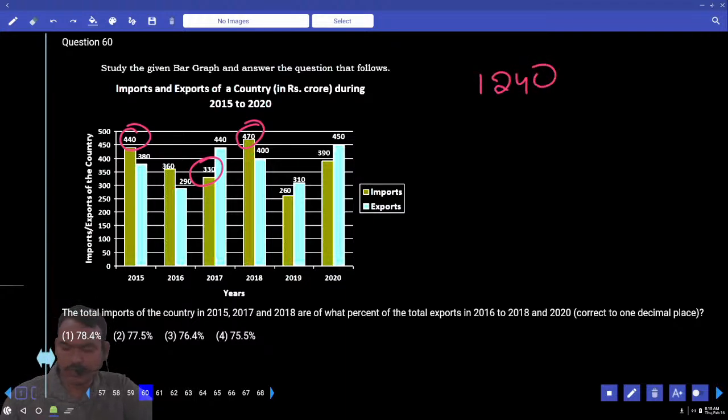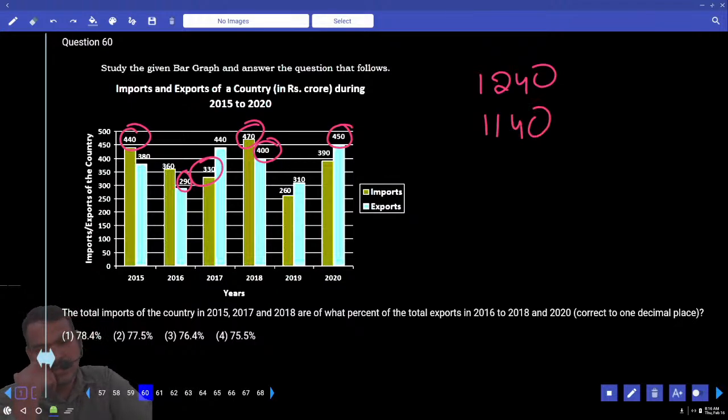Another one, 2016 exports. What are the 2016 exports? 290. 2018, 400. 2020, 450. 400 plus 450 is 850, plus 290 is 1140, right? One is the numerator, another one the denominator.